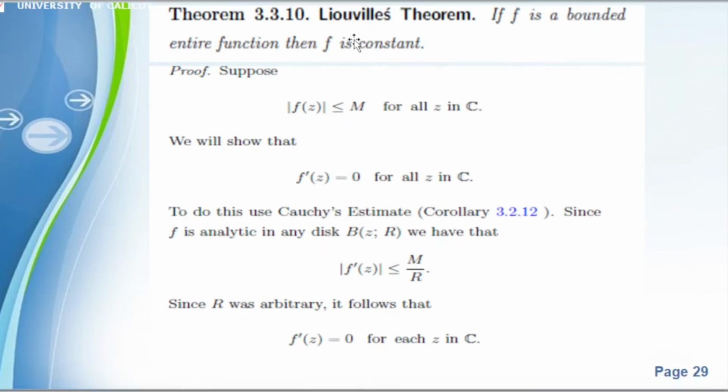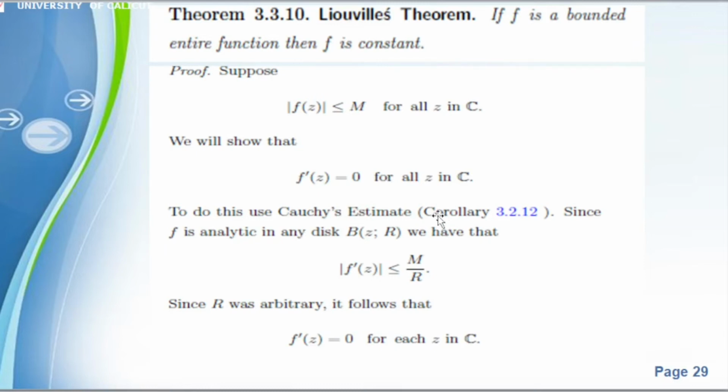We have an important theorem, Liouville's theorem. If f is a bounded entire function, then f is reduced to a constant value. Suppose that the absolute value of f of z is less than or equal to M for all z in C. We have to show that f dash of z is equal to 0 for all z in C. To do this, we use Cauchy's estimate.